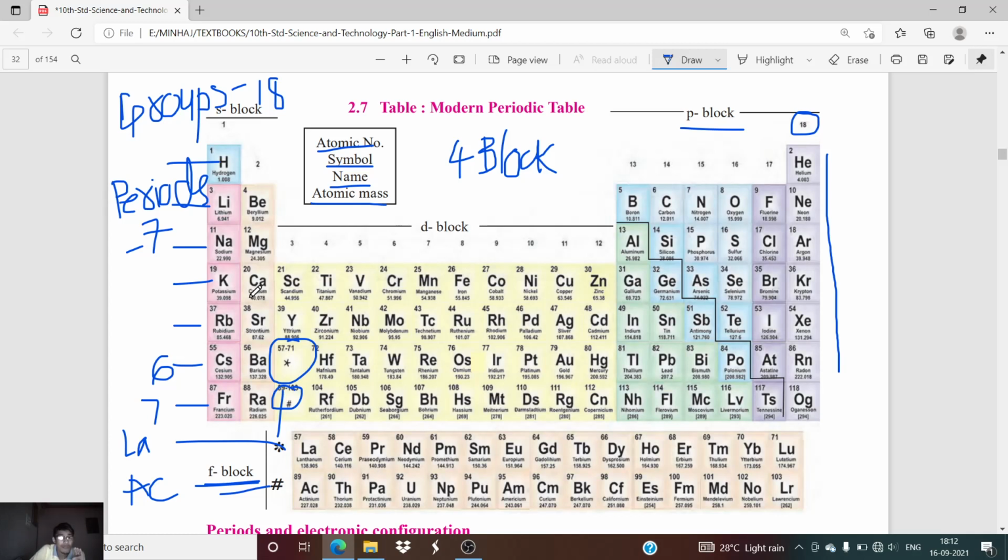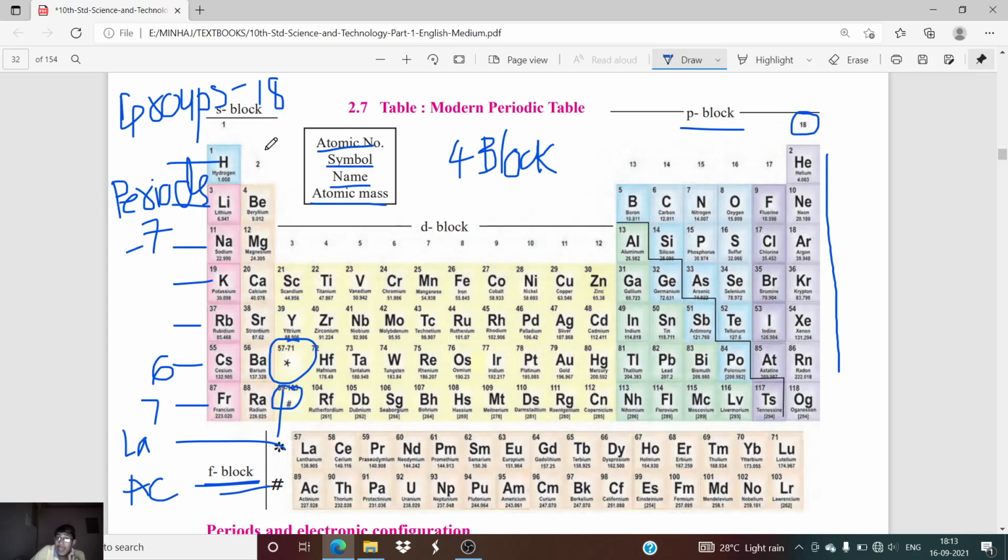So what we have studied in this lecture, we have seen the structure of the modern periodic table. There are 4 blocks: S block, D block, P block and F block. In all, 118 elements are there in the modern periodic table, which are arranged in vertical columns called groups and horizontal rows called periods. In the modern periodic table there are in all 18 groups and 7 periods.